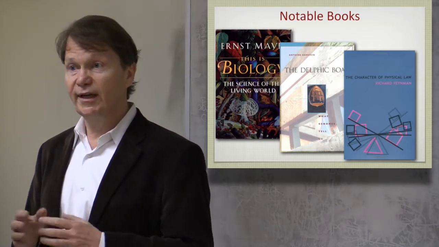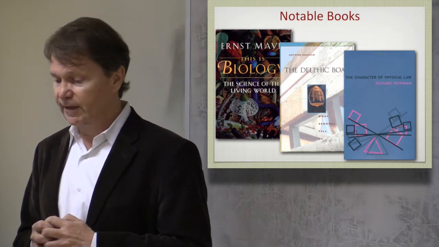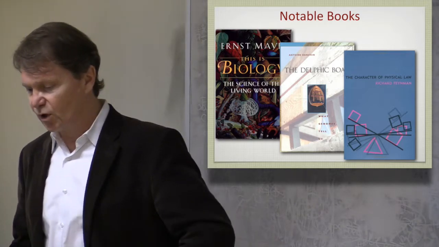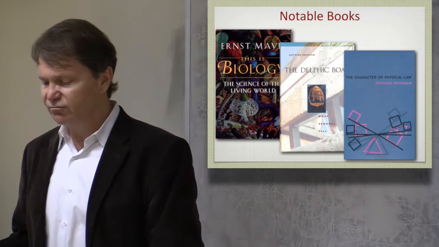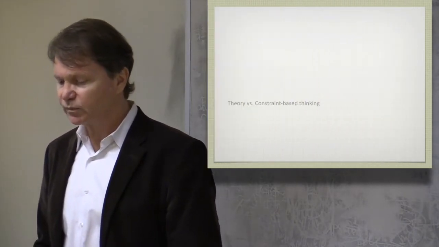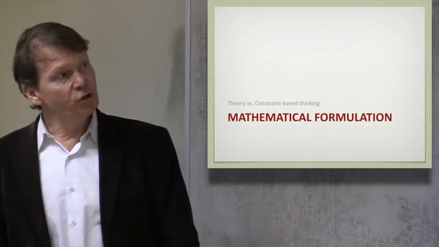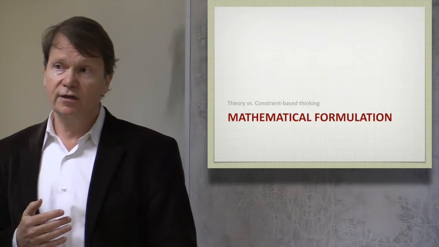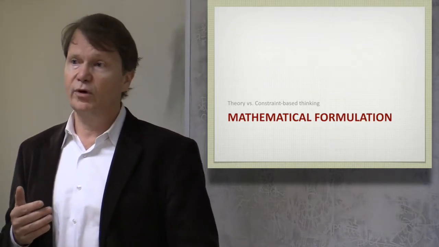And it's interesting to read that to get a better understanding of what causation is really like in physics and chemistry. So those are some relatively easy to read books that you might consider picking up. All right, so now, against this background, we're going to have to ask ourselves, how do we do mathematical formulation?